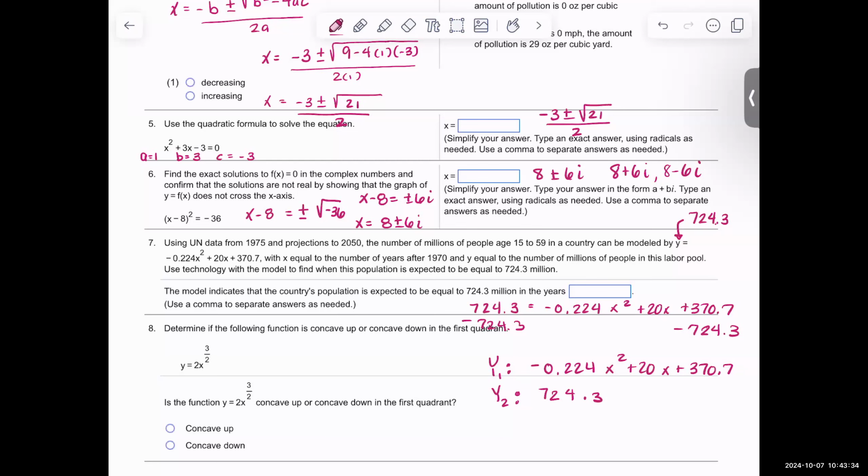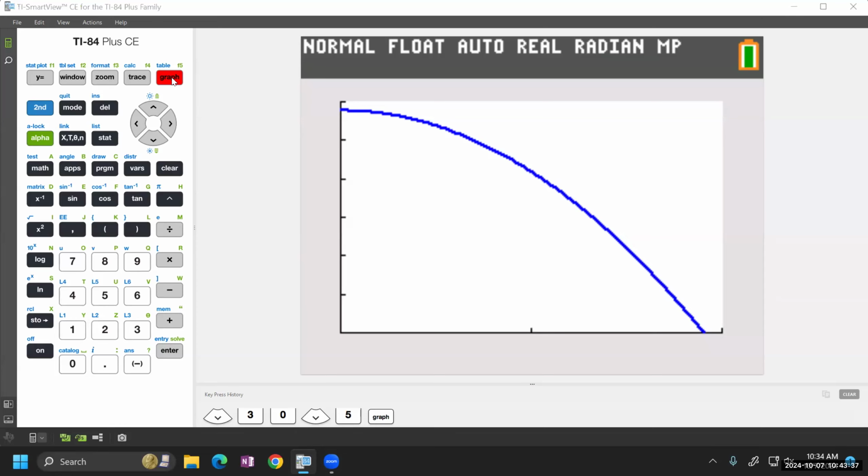Share my calculator. And I'm not sure about the window. I might have to play with that a little bit, but that's okay.